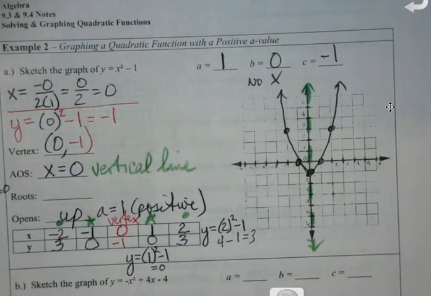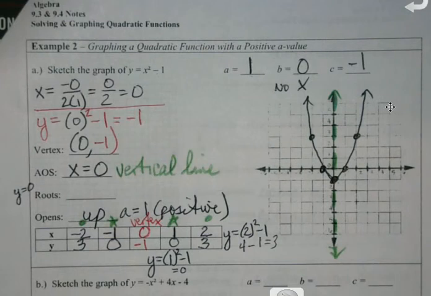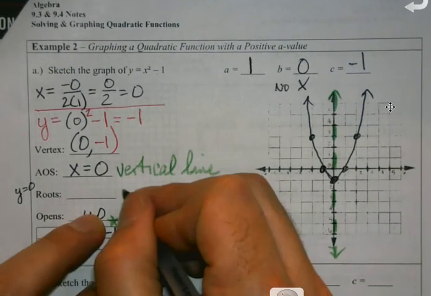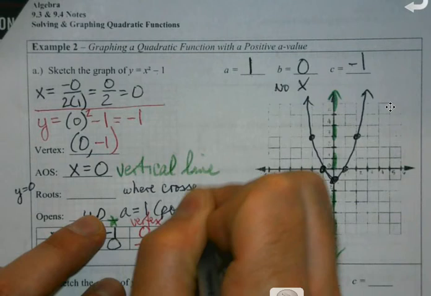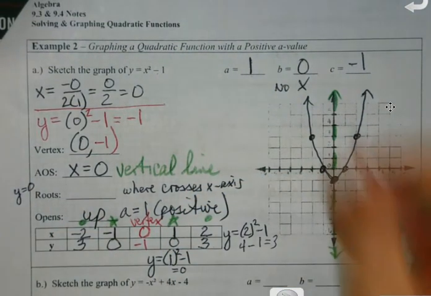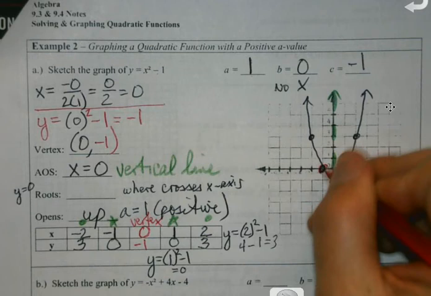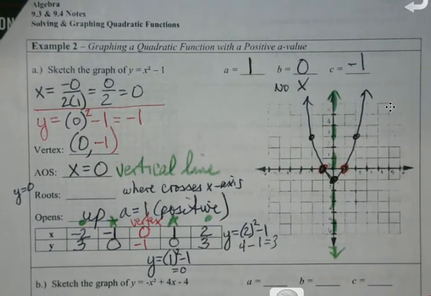And then roots, okay, there's 2 ways you can deal with a root. Either you can find the places where y equals 0, or where it crosses the x-axis. And in this case, I've got two of them. I've got one at -1 and +1.